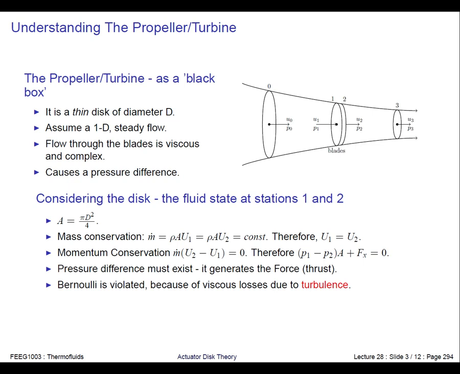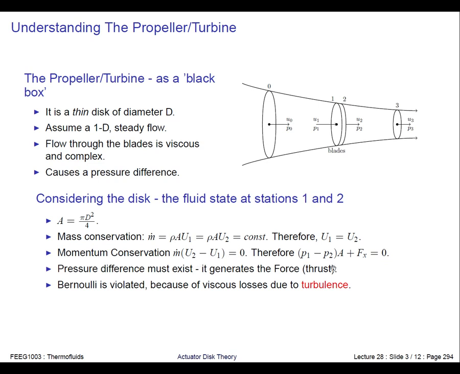And if we then apply momentum conservation to our disk, then we have momentum out minus momentum in equals the sum of all the forces. We know that the velocity is the same across both faces, and we know the mass flow is the same across both faces. So the net momentum change across an actuator disk is zero.